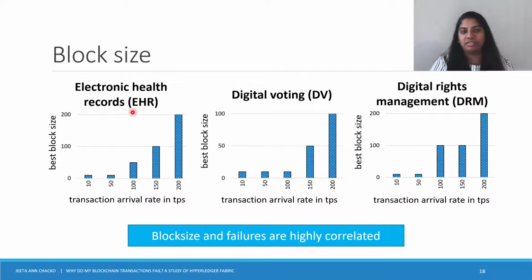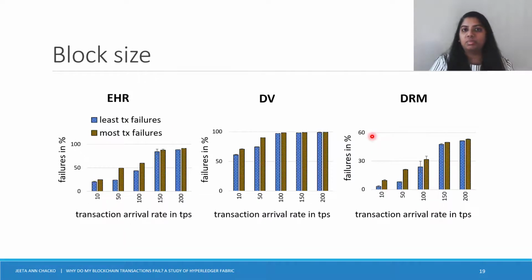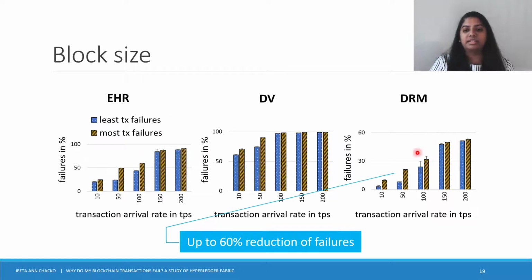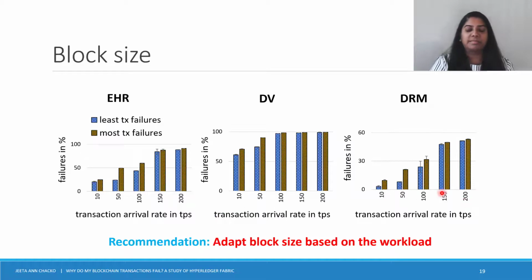Therefore, block size and failures have a high correlation. If you look at the exact number of failures in these three chaincodes, we can see that a simple change in block size can reduce the failures by up to 60%. Therefore, our recommendation from this experiment is to adapt the block size dynamically based on the incoming workload and not fix a static block size.